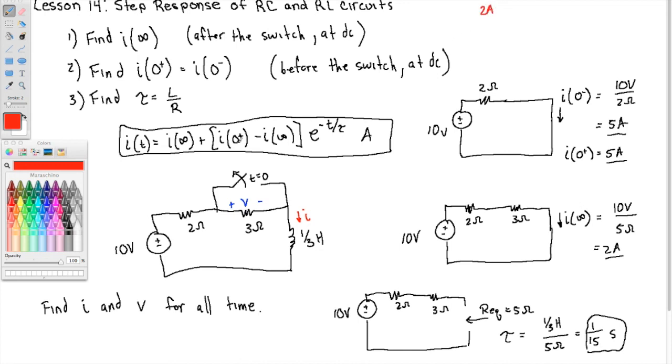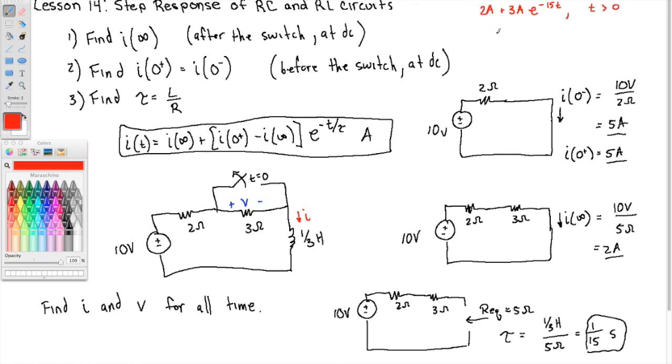Then I of 0 plus, which is 5, minus the 2 amps, so that's 3 amps, times e to the negative t over tau. So over 1 over 15 makes 15t, like that. All right, so again, that was when t is greater than 0.